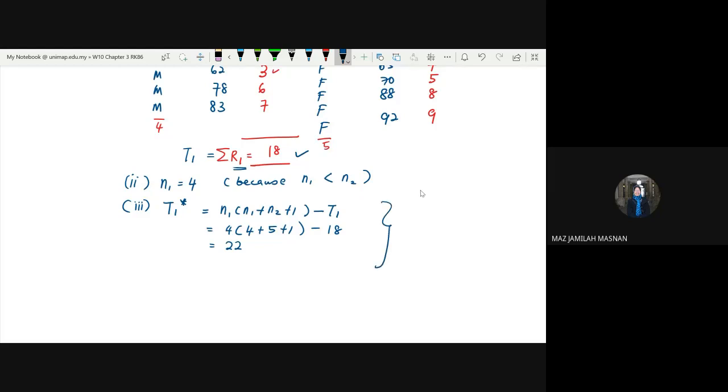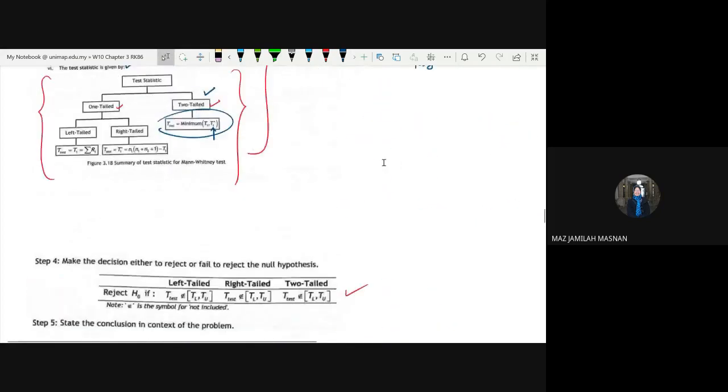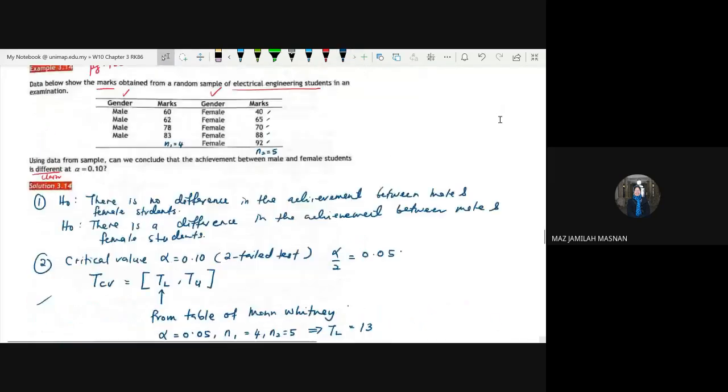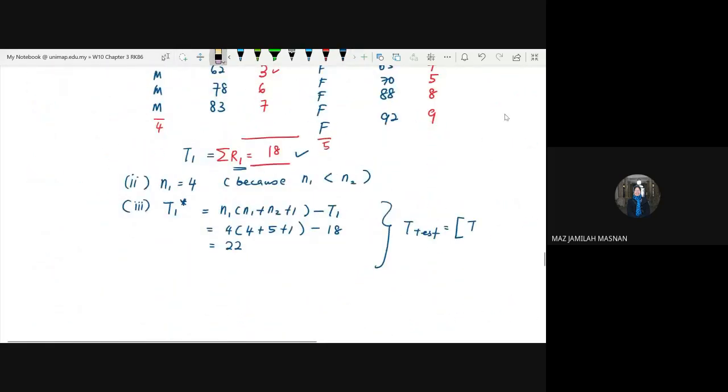So the t-test statistic is obtained as t equal to, for the two-tail test, the minimum between T1 and T1 star. Then you will get t-test equal to the minimum of what?